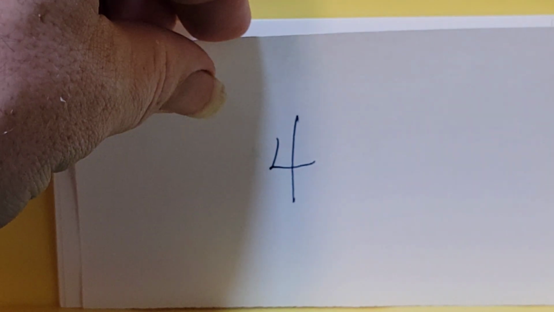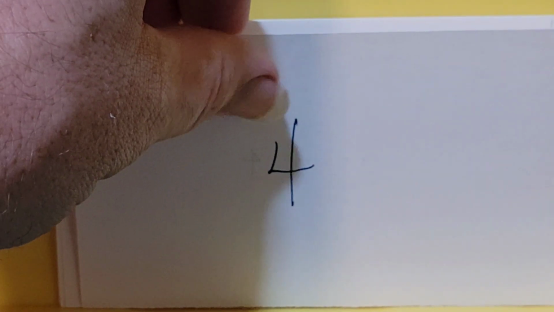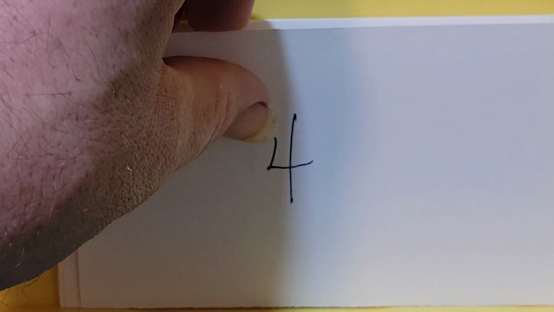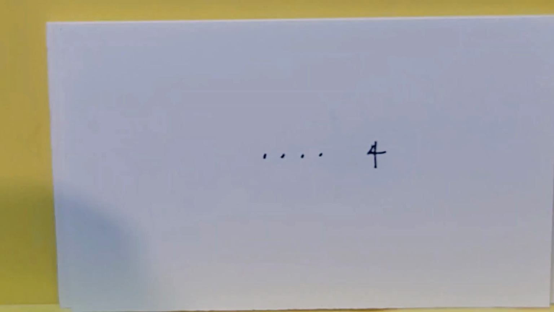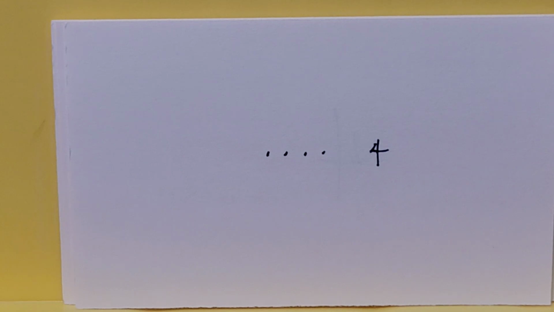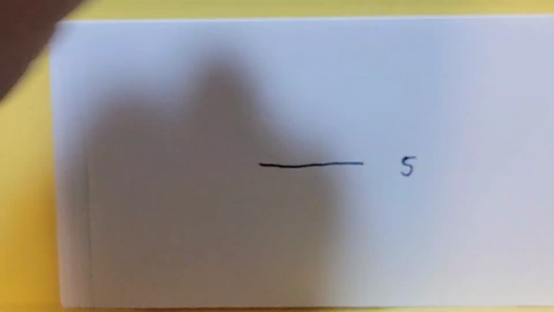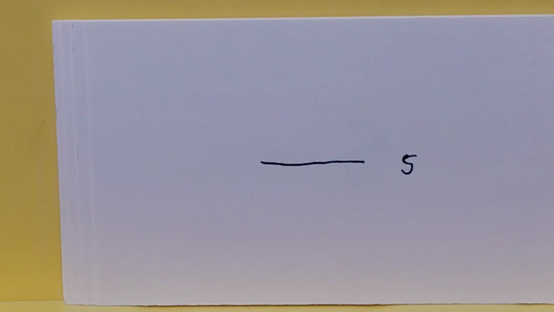Speaking of Chinese, here's how I write the 4, but in China, I guess that's bad luck, and so they don't even have a 4 on their elevator. They have the letter F to stand for 4. But that's for another video. There's your 4 dots equaling the number 4. Number 5 is where you no longer use the dots, but you change the dots for a single horizontal bar.